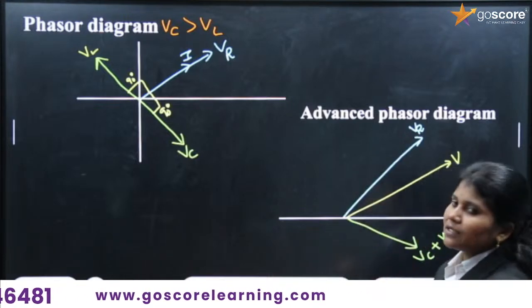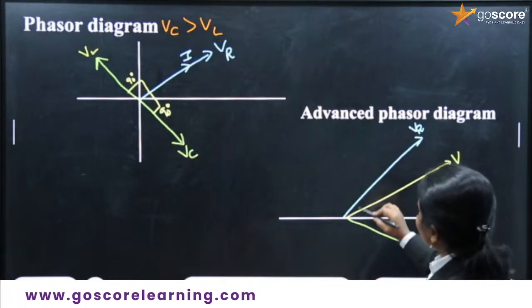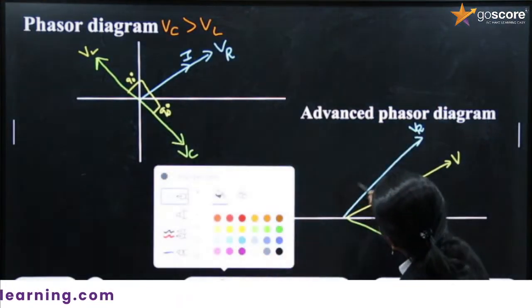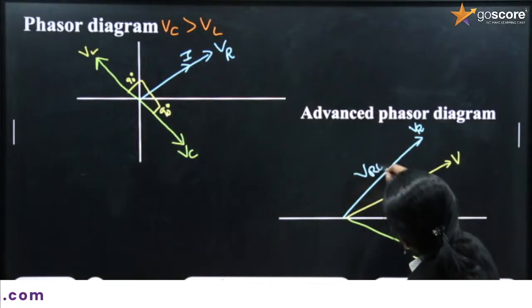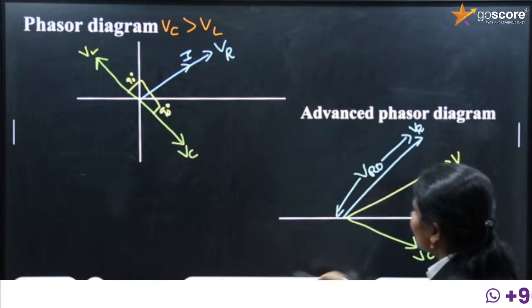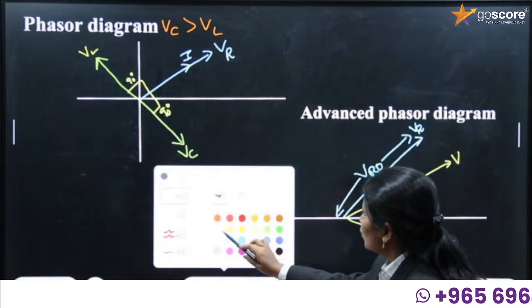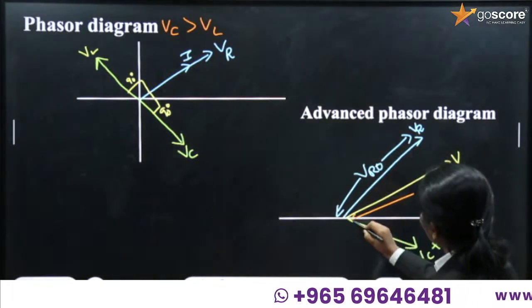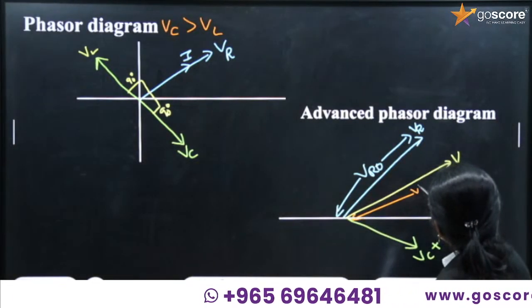So here we are considering only magnitudes. That's why I am considering the magnitude V naught. Here also we will consider only magnitude, then it will be V naught.